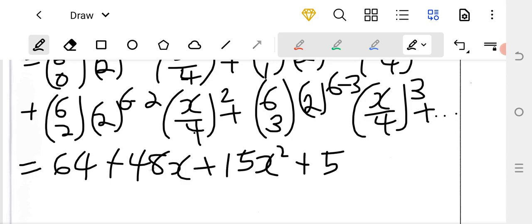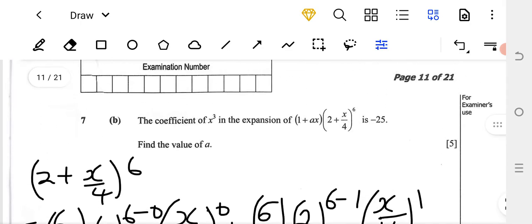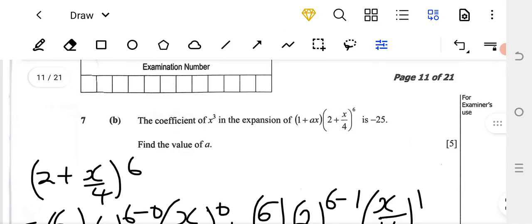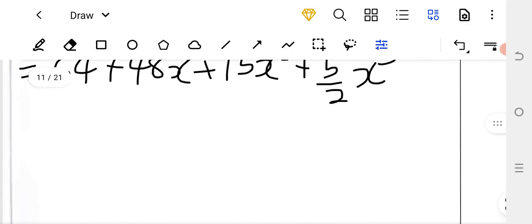So 5 over 2 x to the power 3, like that. Take note. So this one has given a fraction. Fractions are okay. When you're answering binomial expansions, fractions are okay. Don't be scared if you find a fraction that you're doing something wrong. No, you haven't done anything wrong.